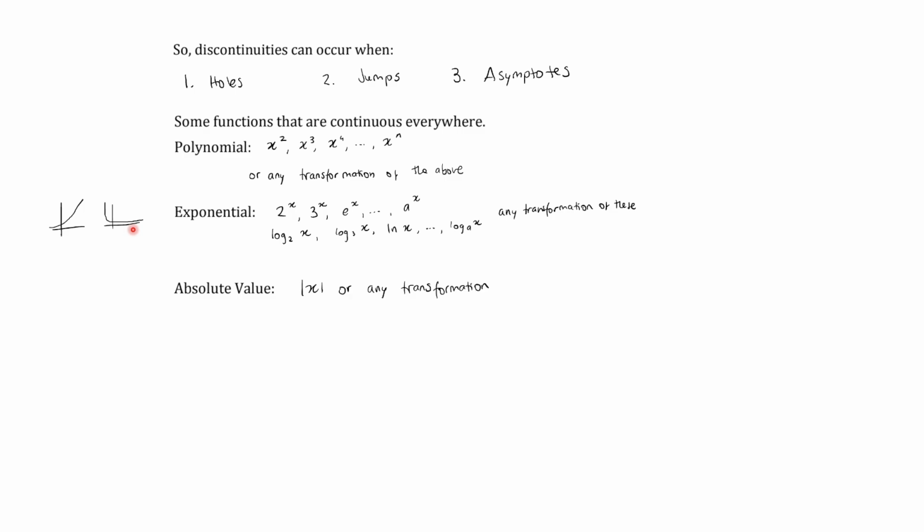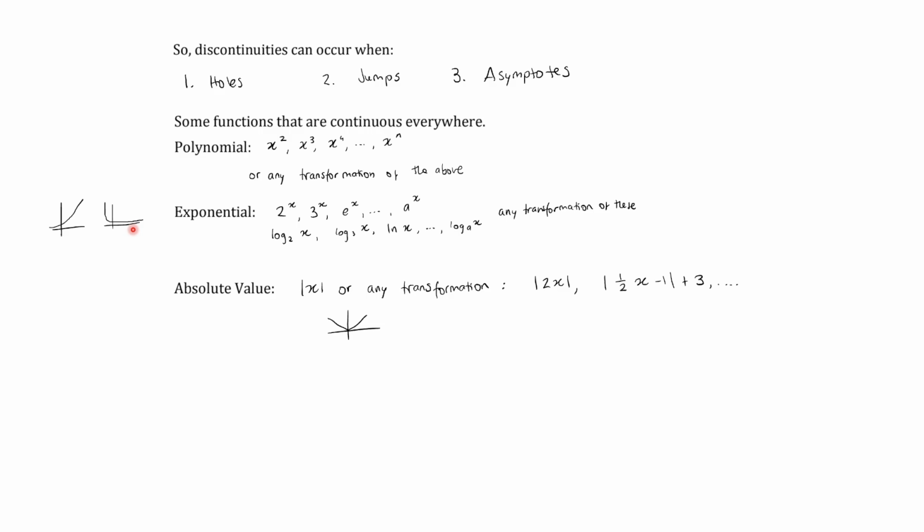So again, that could be, for example, the absolute value of 2x, or even the absolute value of 1/2 of x minus 1 plus 3, where we can compress it, we can stretch it, we can translate it vertically, we can translate it horizontally, it does not matter. And again, why is that? Well, because what does the absolute value function look like? Just like a big V, so to speak, right? And we never have to lift our pencil in order to draw it.